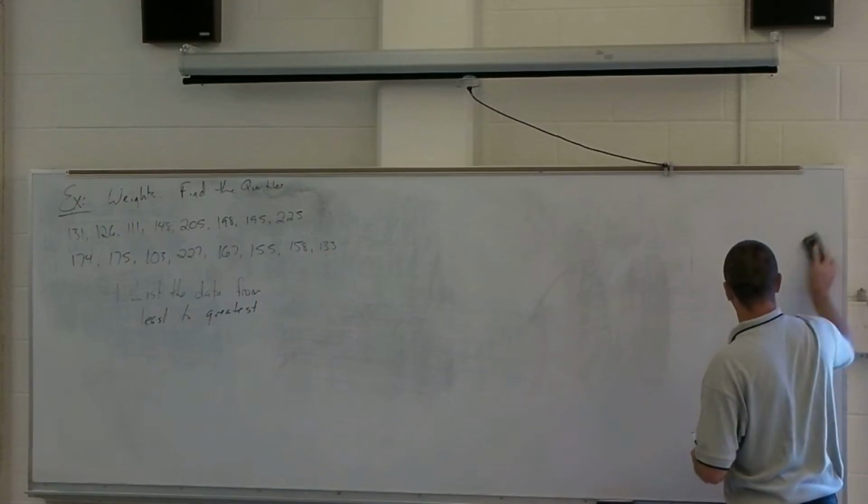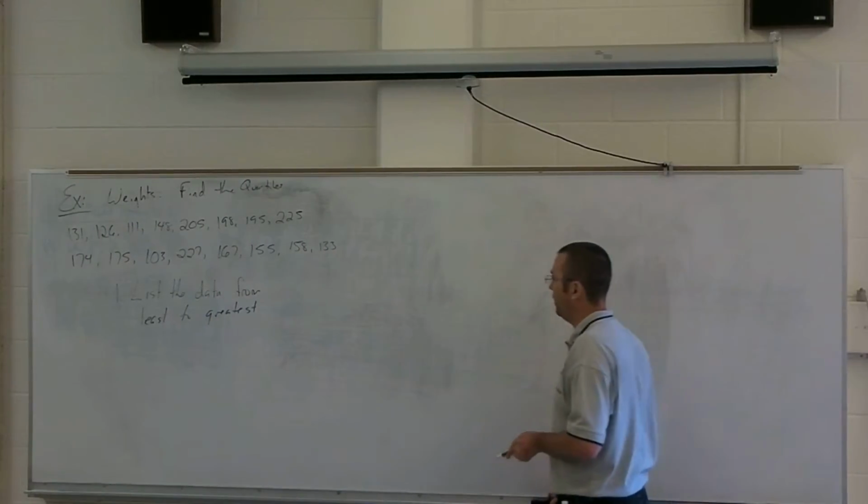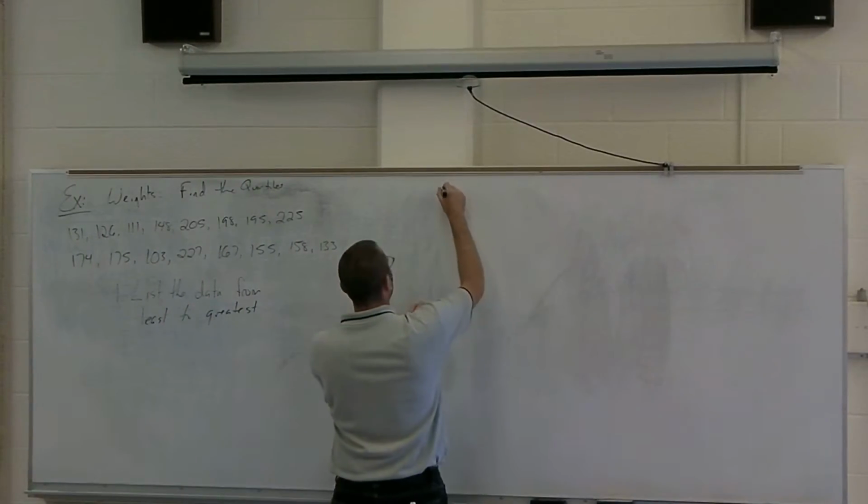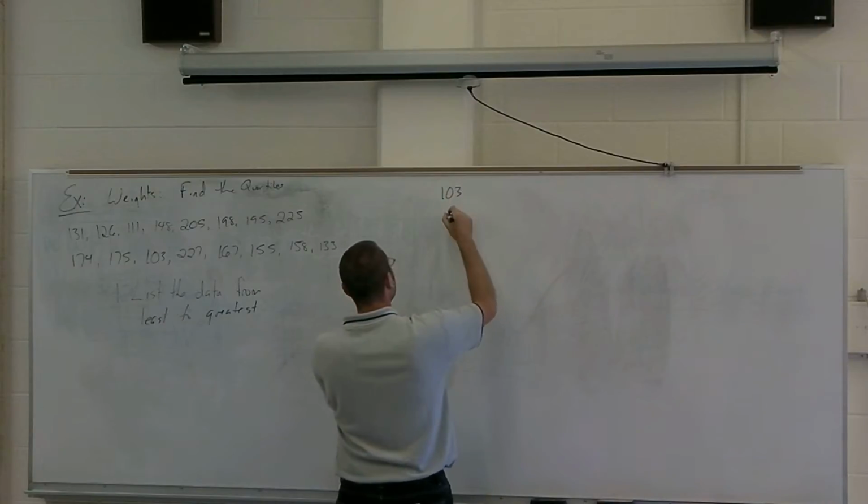All right, let's start doing that. What's the smallest value we have? 103. Okay, so 103 is our first one. Then what? 111.